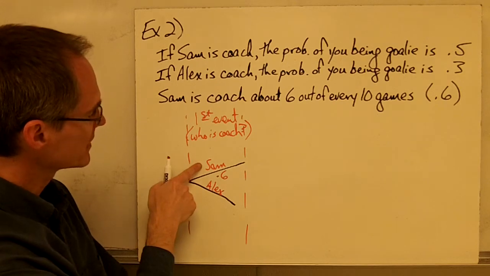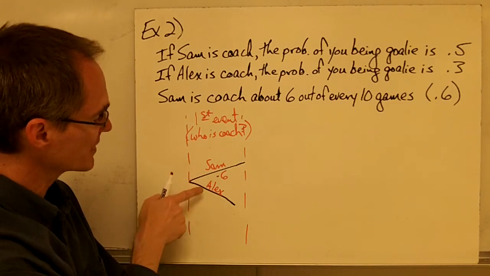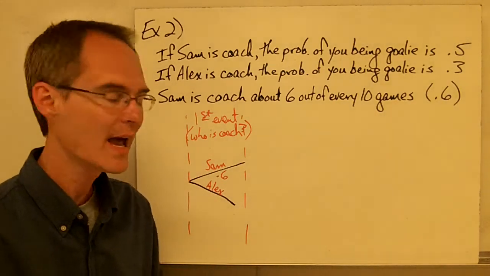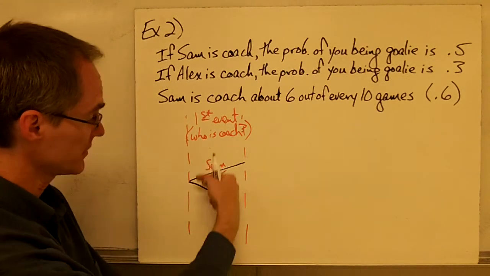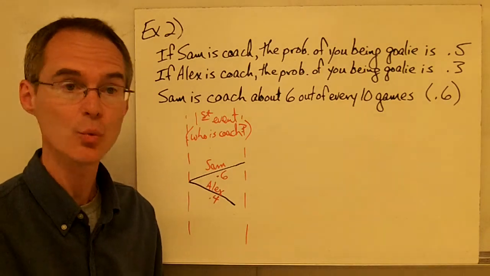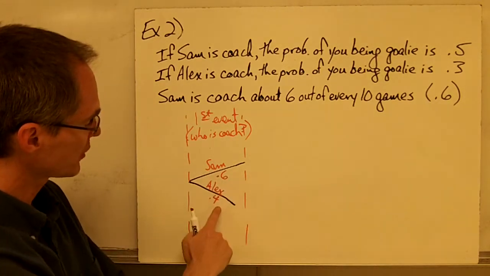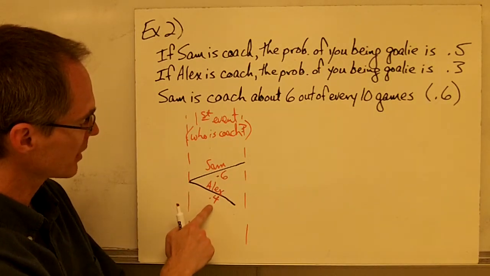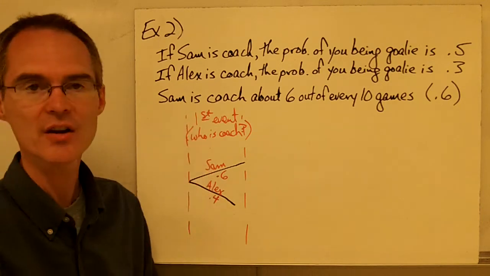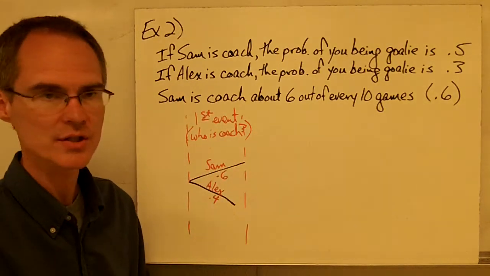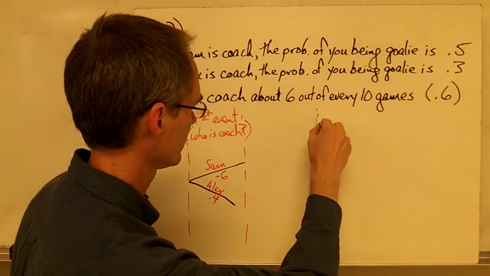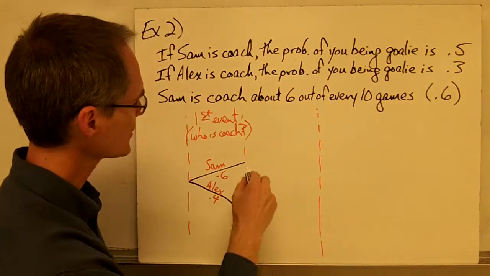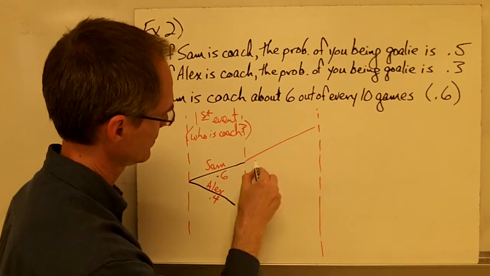Well, if the probability of Sam being coach is 0.6, then the probability of Alex being the coach must be 0.4, because those probabilities have to add up to 1. So Sam's probability is 0.6. For Alex to be the coach, that's a probability of 0.4. Okay, so that takes care of my first set of branches here. Now, the second event that I want to look at also is going to have 2 branches.